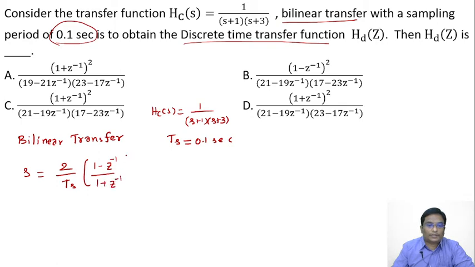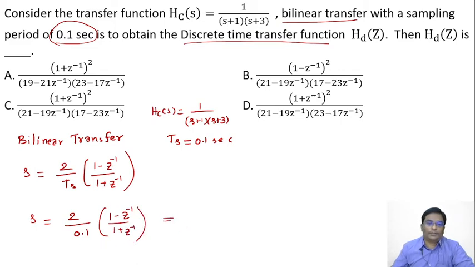That's all finished. And here S equals 2 by 0.1, into 1 minus Z inverse by 1 plus Z inverse. This is nothing but 20 into 1 minus Z inverse by 1 plus Z inverse. Wherever you find S, you have to replace it by 20 into 1 minus Z inverse by 1 plus Z inverse.